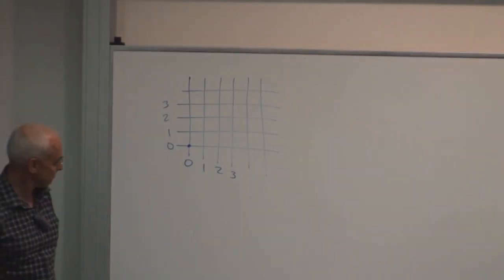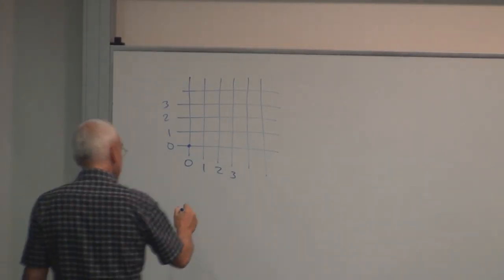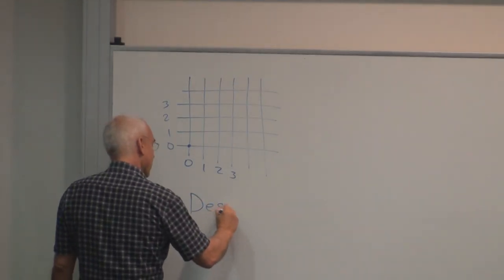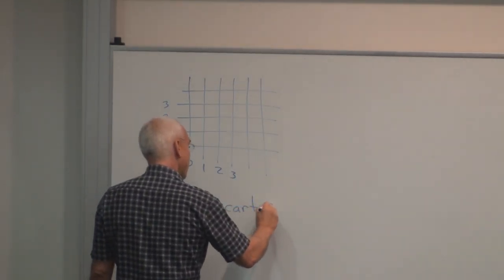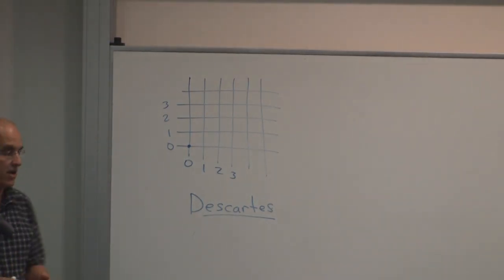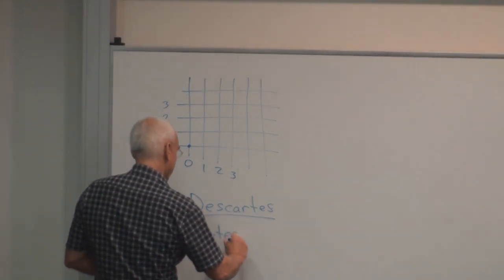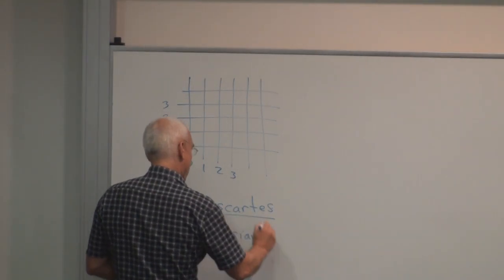X and Y coordinates. So this kind of coordinate system only arose in the European era, basically due to the work of Descartes. We sometimes call this a Cartesian coordinate system because of Descartes.